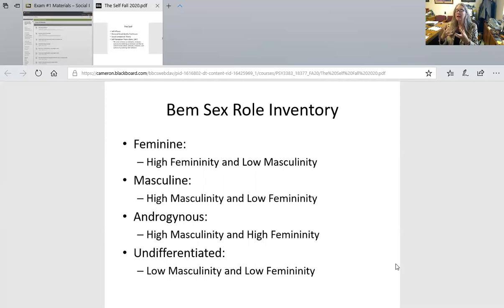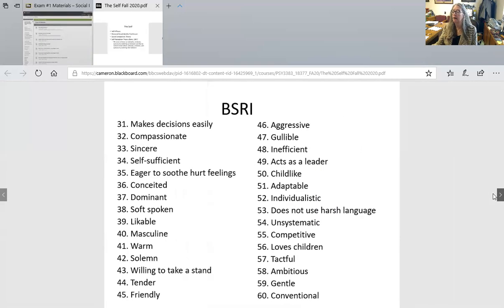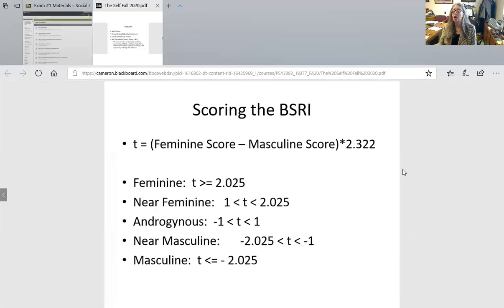To be called masculine, you have to score high on the masculine scale and low on the femininity scale. To be seen as feminine, you need to score high on the femininity scale and low on the masculinity scale. If you're high on both, you're androgynous, and if you're low on both, you're undifferentiated. Because undifferentiated is so infrequent, to find out what you are, we're not going to allow undifferentiated to exist.